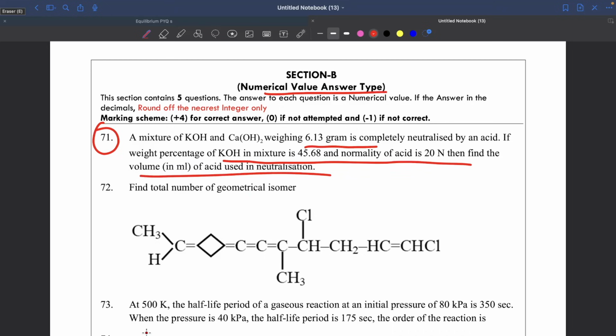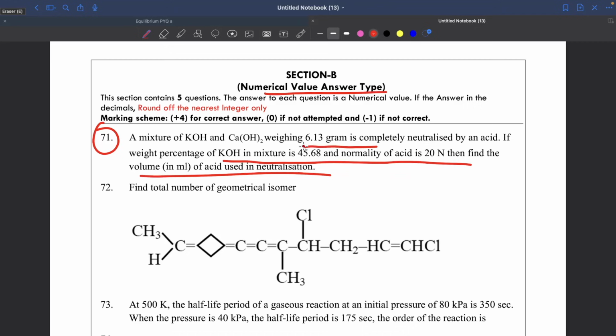Find the volume of acid which is neutralized. So we have to find out, they have taken a mixture of both, and we don't know how much is there. So what shall we do here?